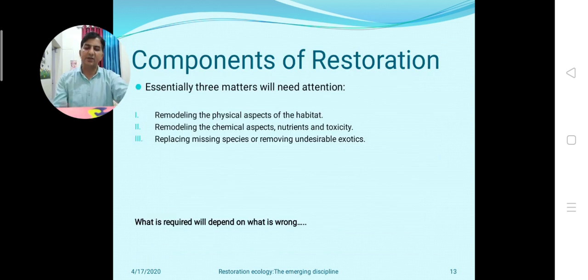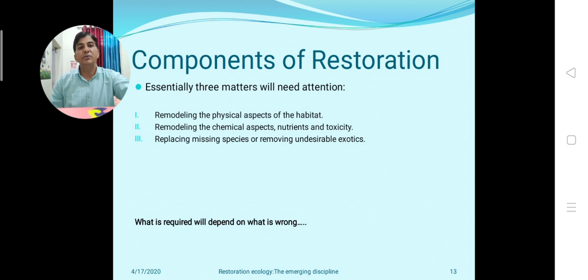So, what are the components of restoration? Components of restoration are very, very important. No matter what type of ecosystem is being tackled, once the damaging process has been initiated or controlled, the intervention program becomes crucial in order to address the factors that hinder the redevelopment of the ecosystem.